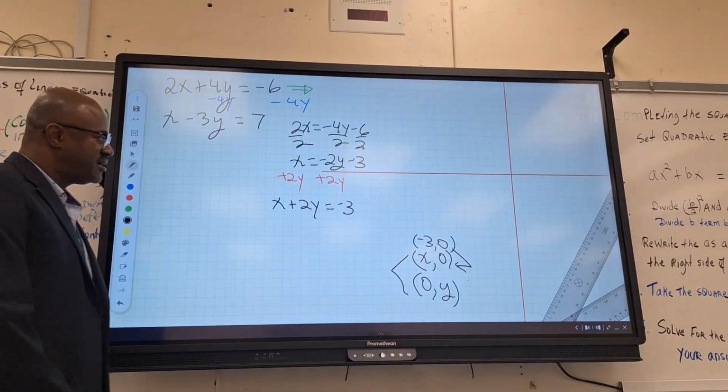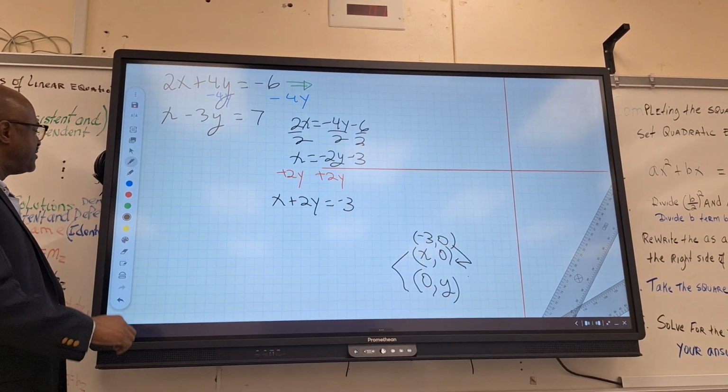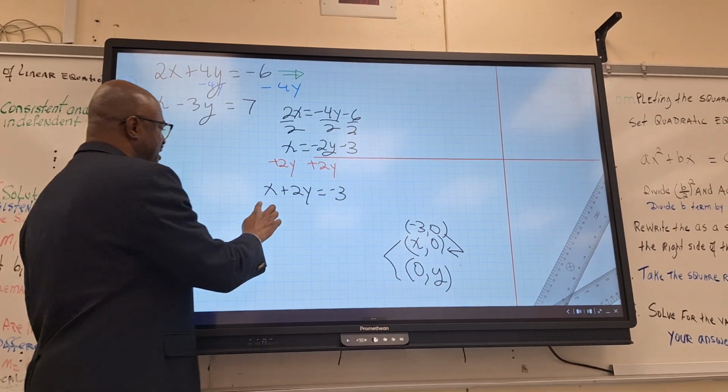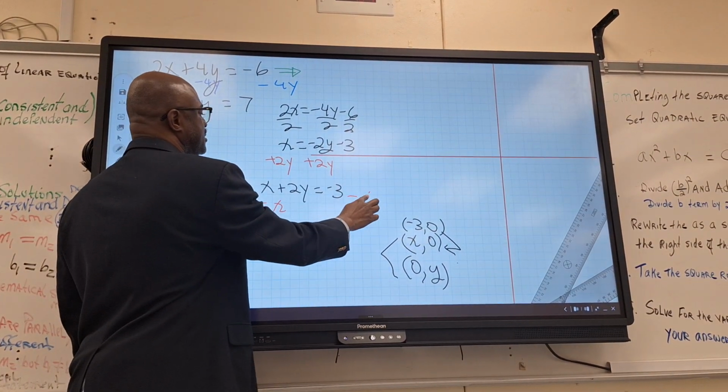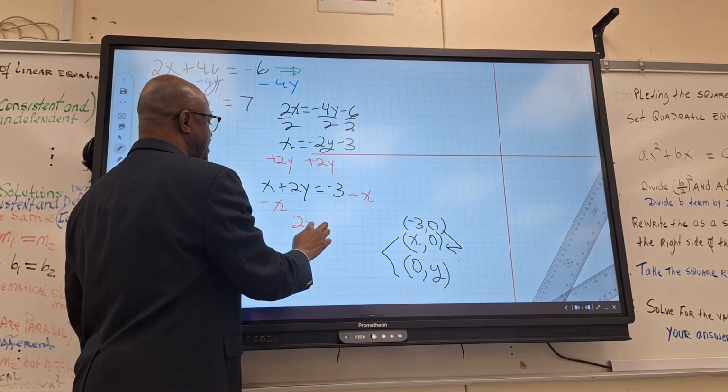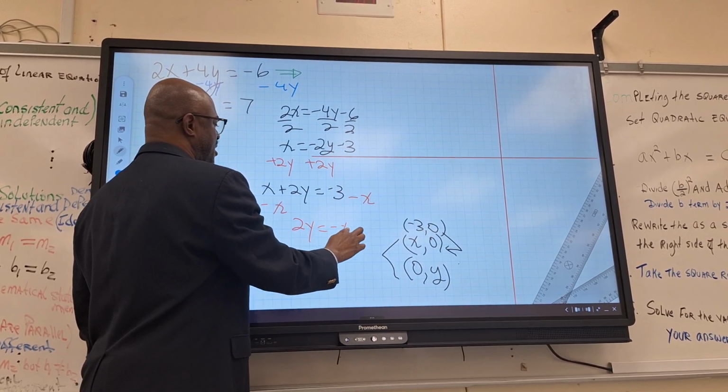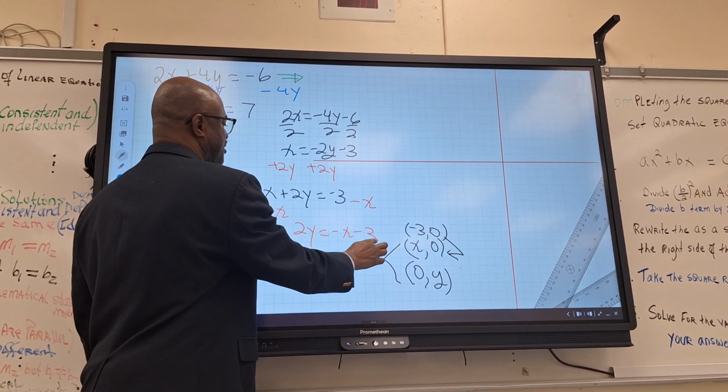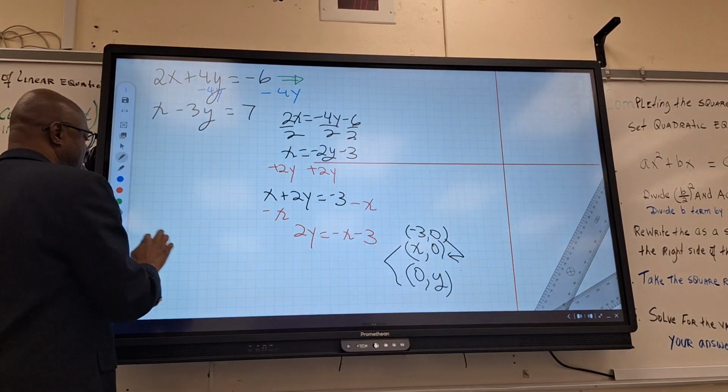Then how will you get y by itself? Subtract x from both sides. Then you will end up with 2y equal minus x minus 3. And divide the equation by 2.